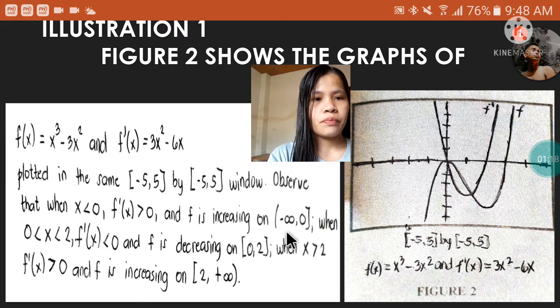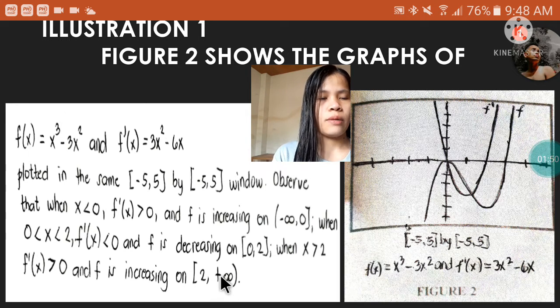When 0 is less than x less than 2, f prime of x is less than 0, and f is decreasing on the closed interval 0 and 2. When x is greater than 2, f prime of x is greater than 0 and f is increasing on 2 and positive infinity.